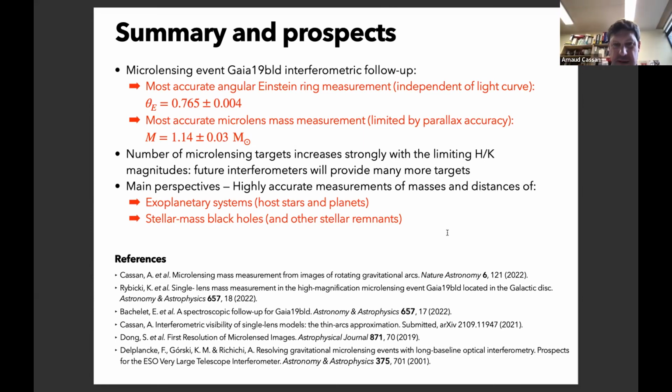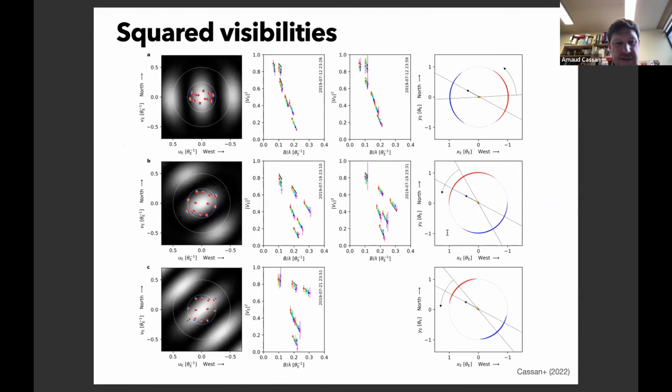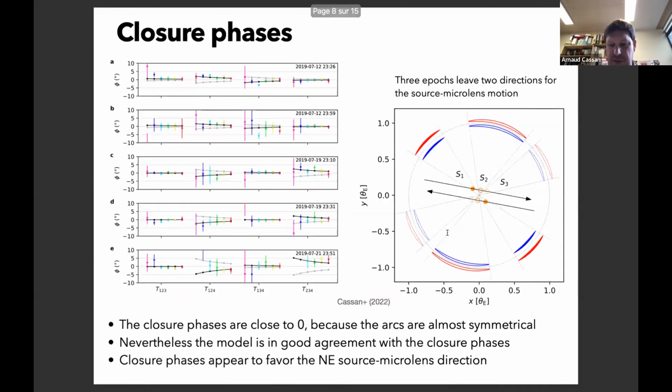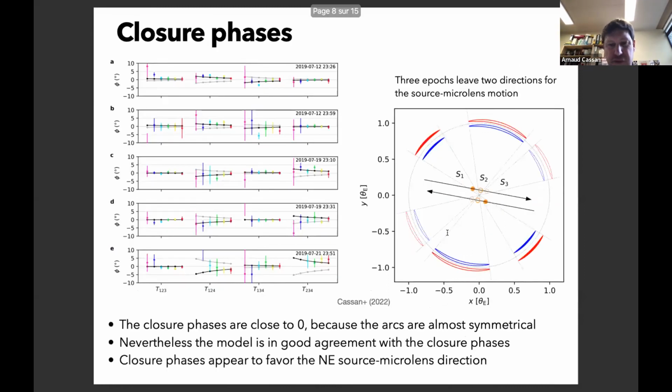Actually, nothing, because if you get only one image, you get theta E, the Einstein radius. If you get two epochs, then you have a degeneracy between this trajectory and some other trajectory which will be perpendicular. And if you get three epochs, then you get only one direction in the sky.